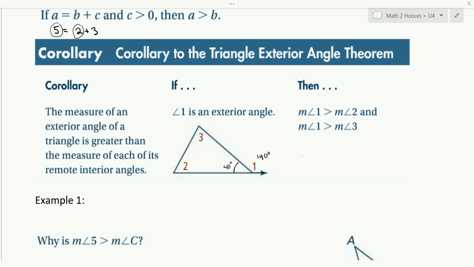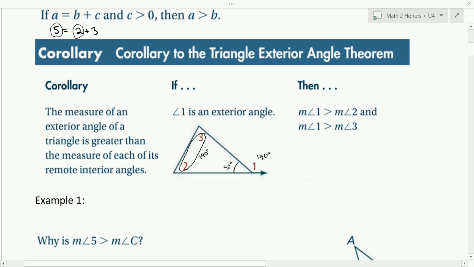How about this? We don't know what angle 2 and angle 3 are, but if we were to add them up, what would we have to get? 140 again. Why? Because all three interior angles of a triangle add up to 180 degrees.